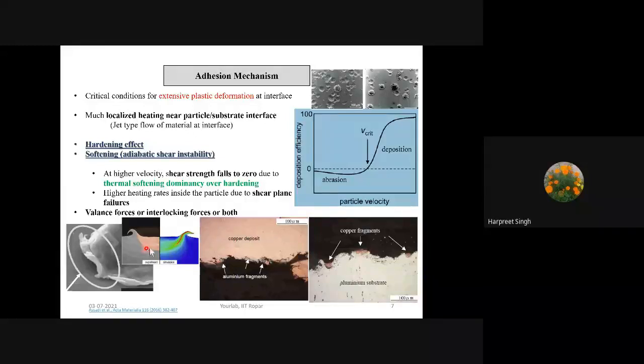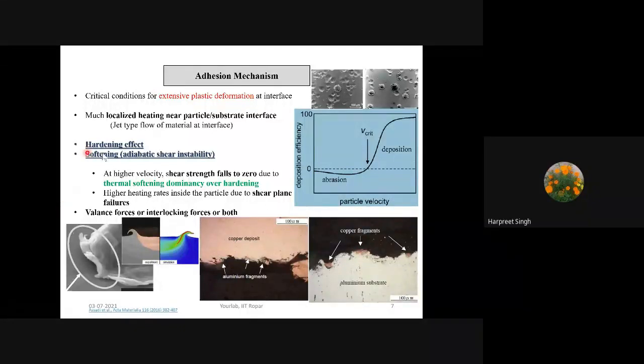So here they say that when the particle comes here, it deforms, and it's not that the particle only is deforming, it's also the substrate which deforms, and you get this kind of bulging out of the material, which we call jet formation. So people say that this kind of jet formation should take place at the point or at the interface.